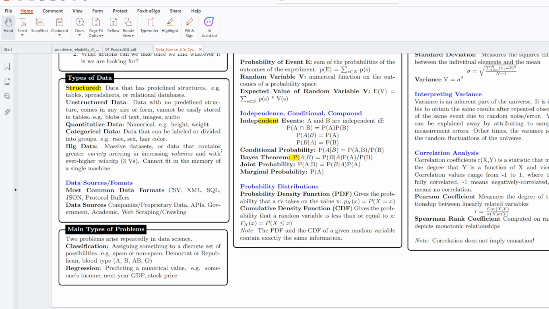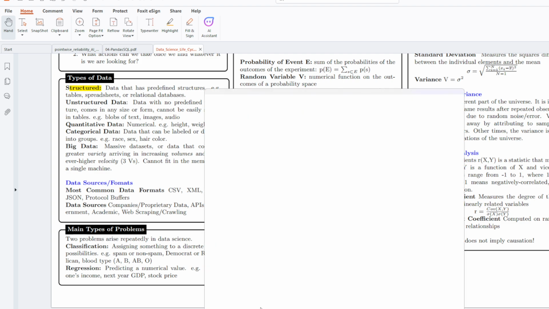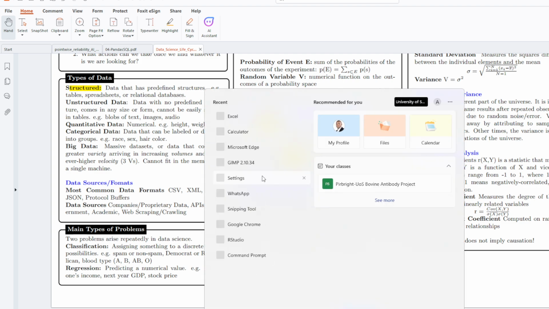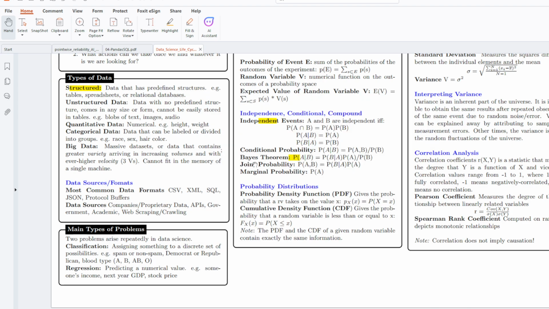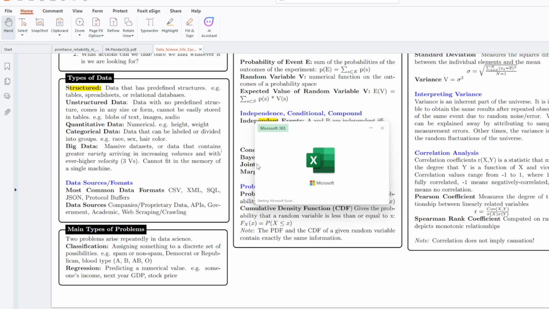So when I talk about structured data, let me show you guys an example from Excel, for example. Those data are always organized. The structured data are already organized, so they are not really data that are so abstract.